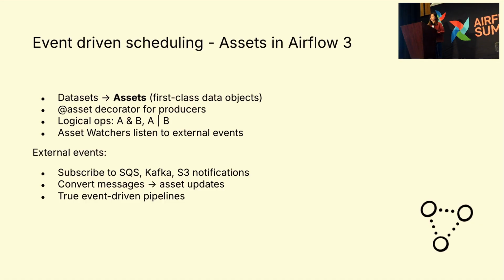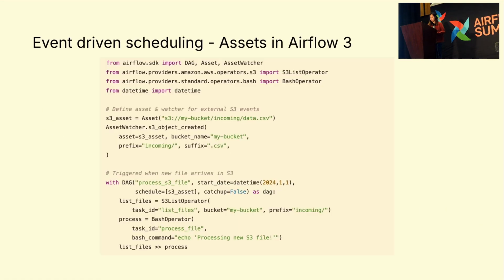How that is used in practice is that we declare the S3 asset, and then we create an S3 asset watcher that is watching the external resources, and is able to give an update back to the asset we created.